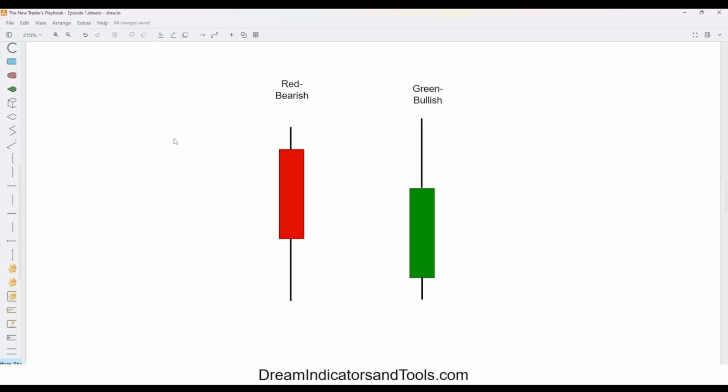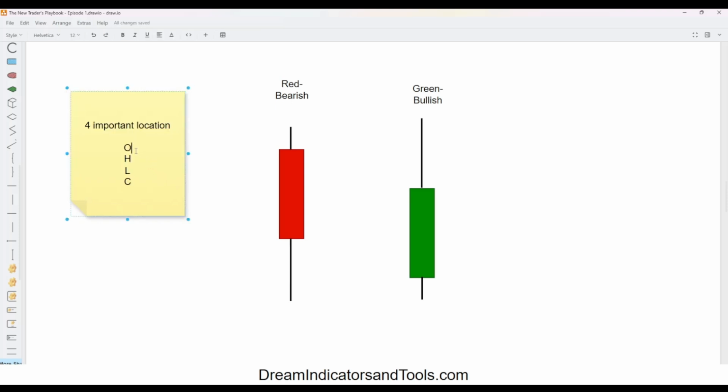Now, there are some very important points that need to be talked about when it comes to learning the anatomy of a candle. There are 4 very important locations that you have to be acquainted with, and they are often referred to as O, H, L, C. As just letters, they mean absolutely nothing to us.